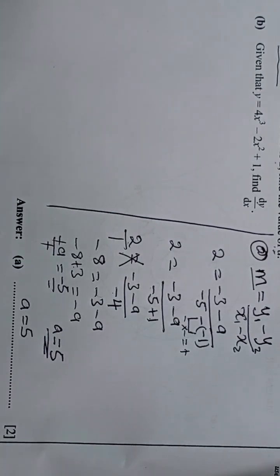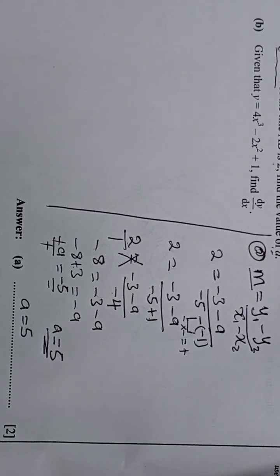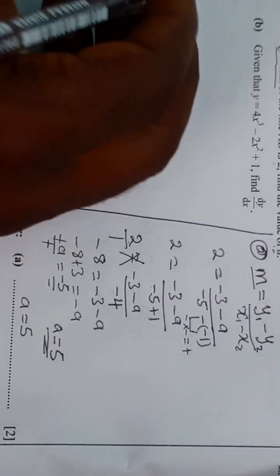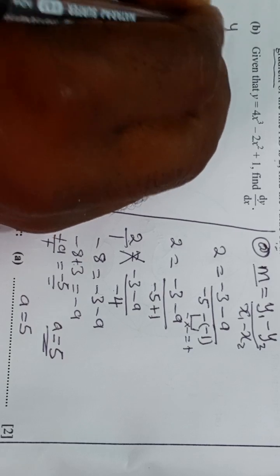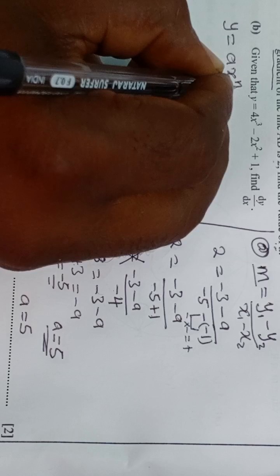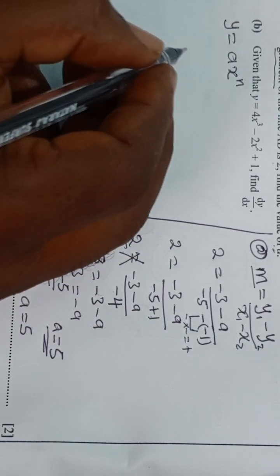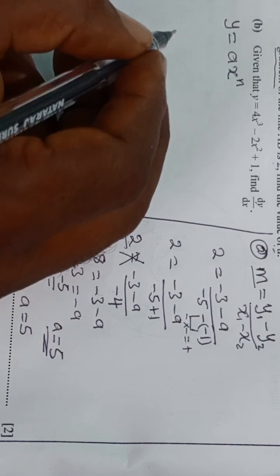Then part B, given that y is equal to 4x to the power 3 minus 2x to the power 2 plus 1, find dy/dx. So here we are going to use the general formula. You have y is equal to ax to the power n. So how do you differentiate?